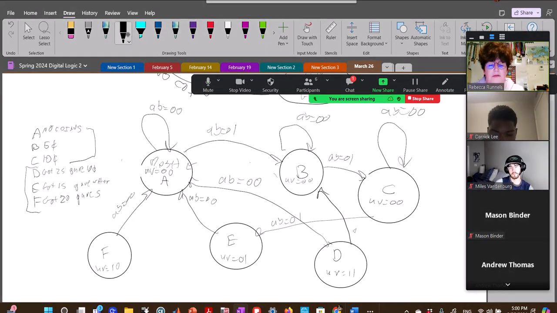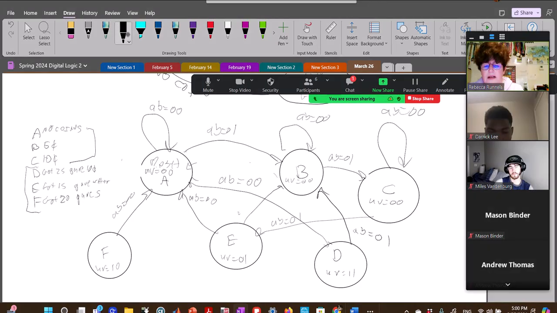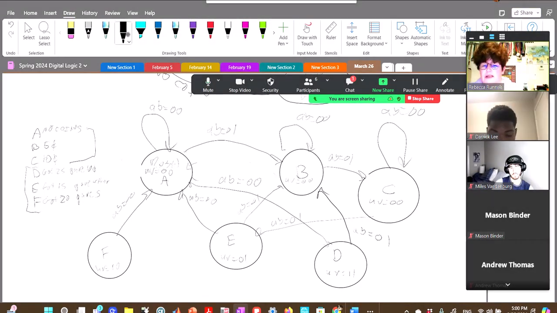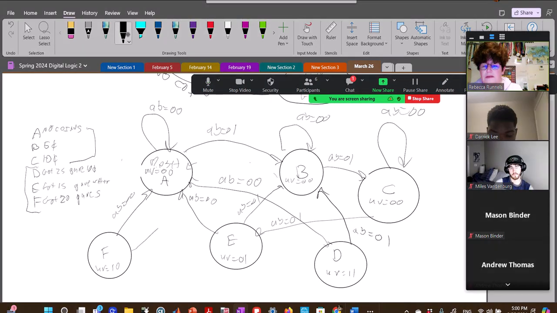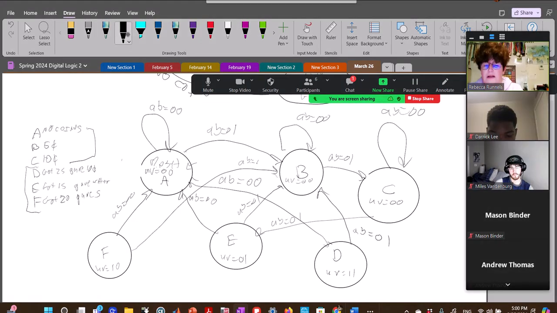So AB equals 0, 1. If I'm in state E, AB equals 0, 1. And state F, AB equals 0, 1.